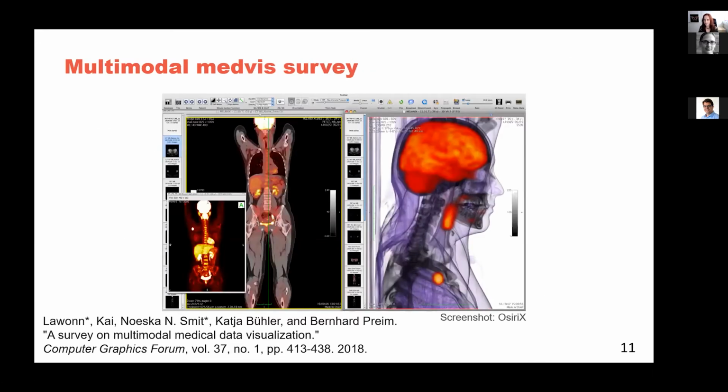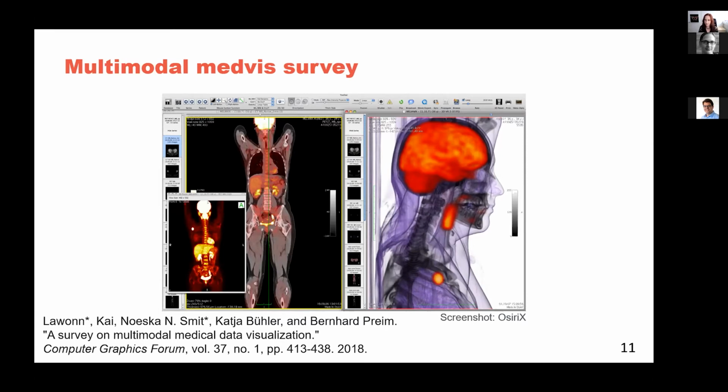The main part of this lecture is based on a survey that we wrote some years ago, also in collaboration with Katja, but also Kyla Won and Bernard Pijn. In this survey, we took a look at what type of multimodal medical imaging visualization already exists, and also what are the techniques that are typically used in such papers.